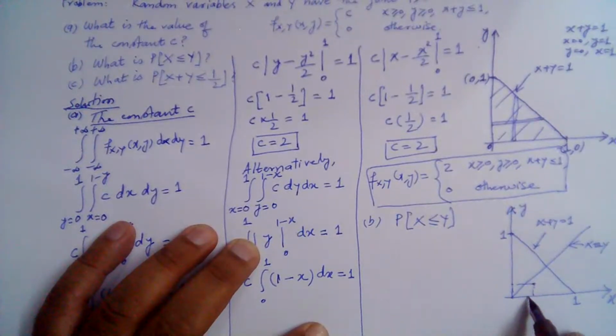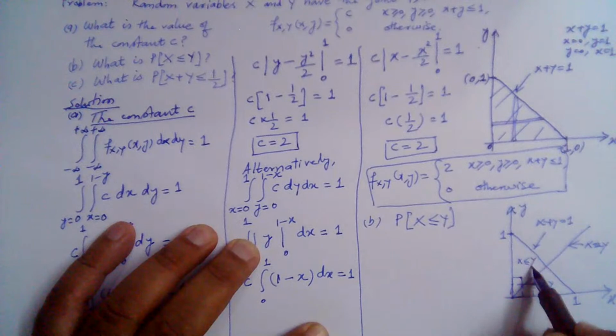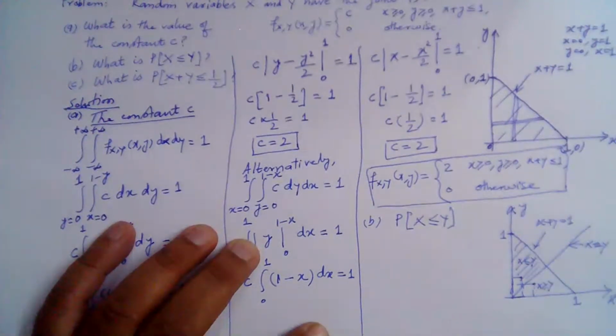You see that the x coordinate is larger than the y coordinate. So in this region, x is greater than or equal to y. However, if you assume a point here, the value of x is smaller than the value of y. So it is this region where x is less than or equal to y. So it is this region now that we are interested in.